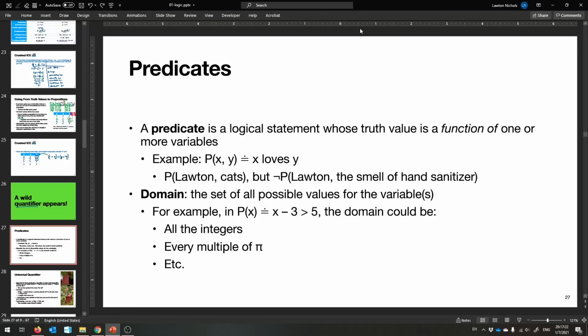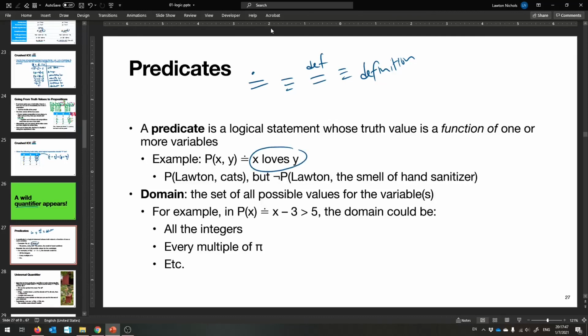So I can say that P of x and y, that's how you pronounce it, you can define it to be this. So I'll use the equals-dot, which is equivalent to "equals def", is equivalent to, hey, I'm defining this thing. It's a definition. So I'm defining P of x and y to mean that x loves y.